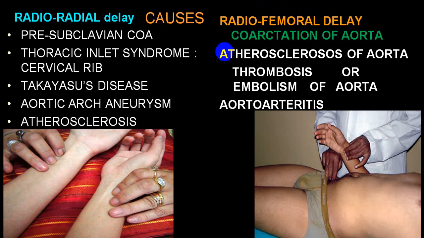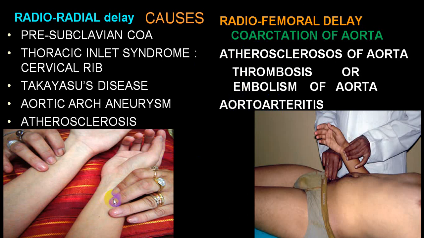And lower limb pulse will be of low volume in atherosclerosis, thrombosis, embolism, aortoarteritis, Takayasu, Buerger's disease or TAO, etc. But when you use the word delay, it should be only in case of coarctation of aorta. In all these other conditions, there will be diminished volume.